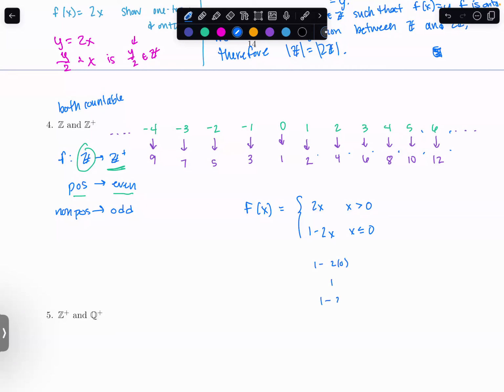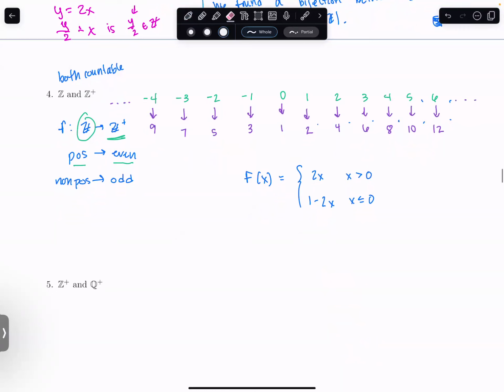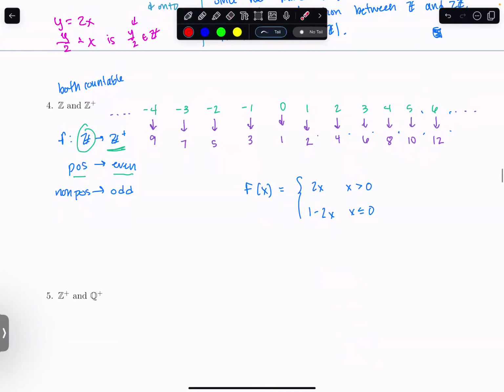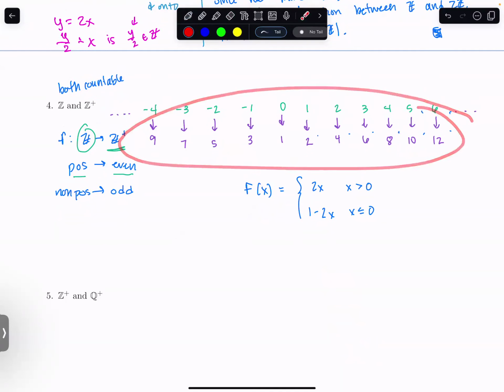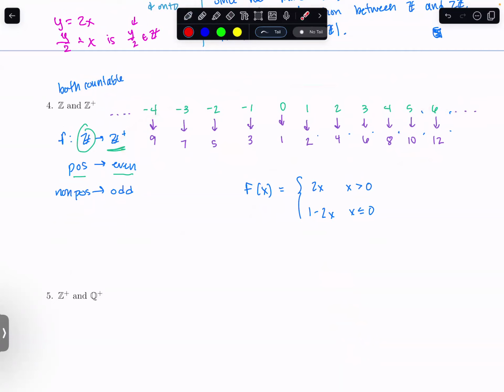If we do 1 minus 2 times a negative 1, that's 1 plus 2, which is 3. 1 minus 2 times a negative 2, that's 1 plus 4, which is 5. Okay, so that works. So this is the function here, and you could prove that this is 1-to-1 and onto. We're not going to right now, but you can look at this and see that there's one arrow to everything and one arrow from everything.